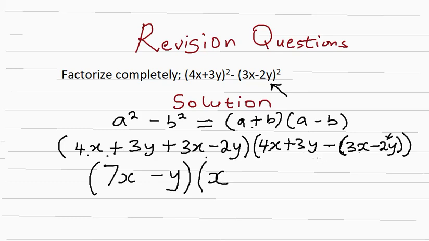Then 3y plus 2y, because minus into minus 2y is plus 2y. So 3y plus 2y is 5y. As simple as that.